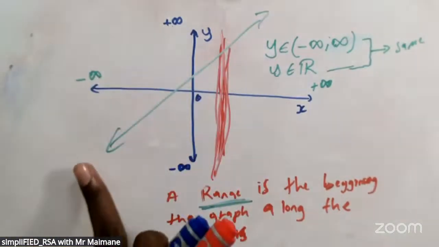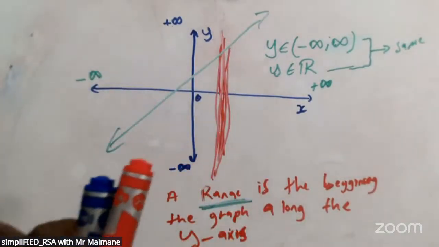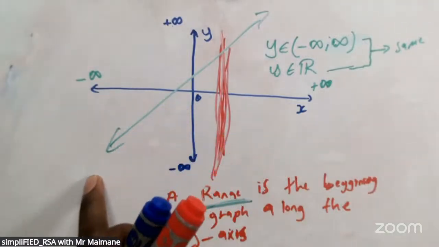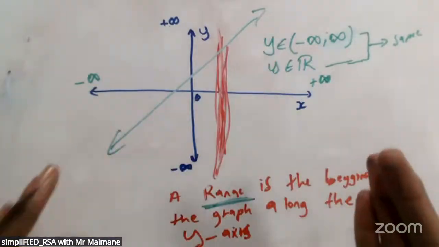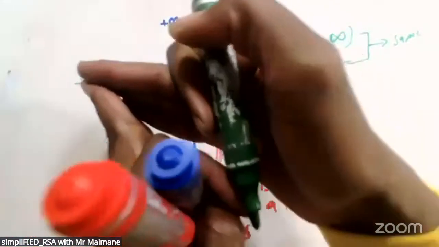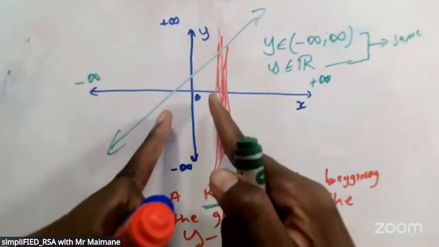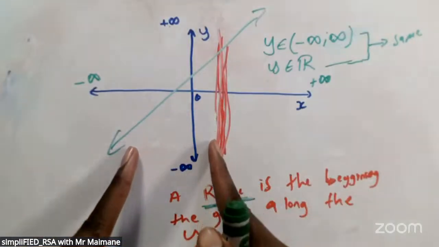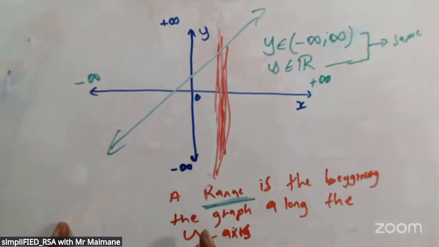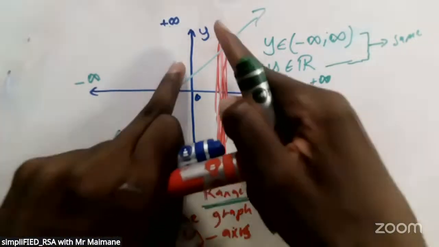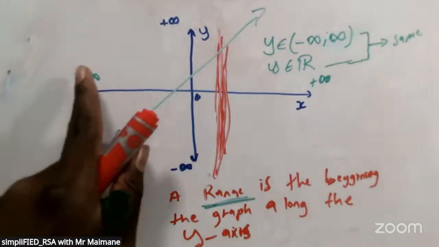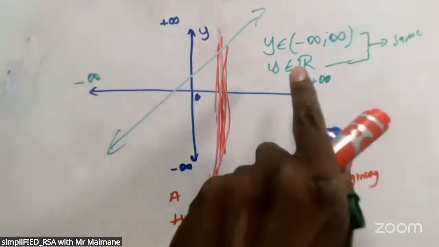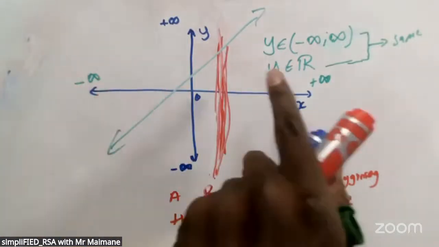You say y starts from negative infinity, because it keeps on going down until negative infinity. As much as it's diagonal, you are not looking at it in terms of x. You are focusing on when it's going down, and also when it's going up, hence the range. A domain works the same way, but there we are looking at the x, where does it start and end on the x-axis.